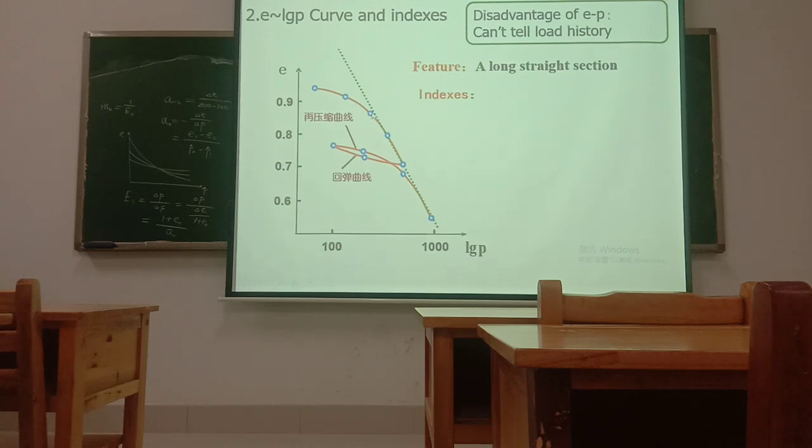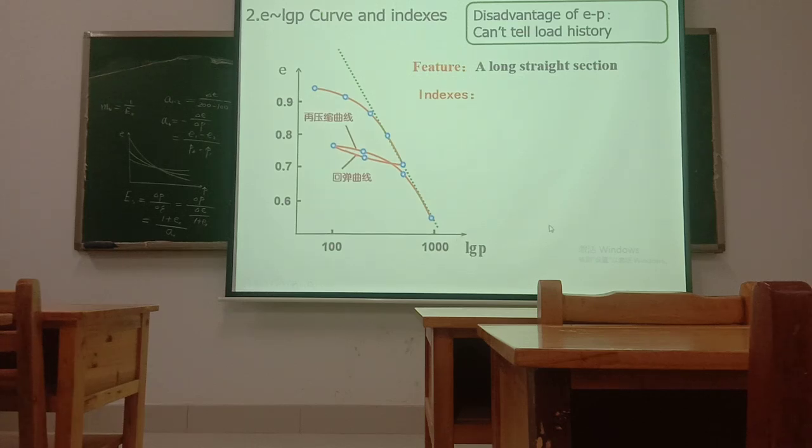And the curve has a long straight section. Maybe this section is a straight section, a linear relationship between the void ratio and the log of load.